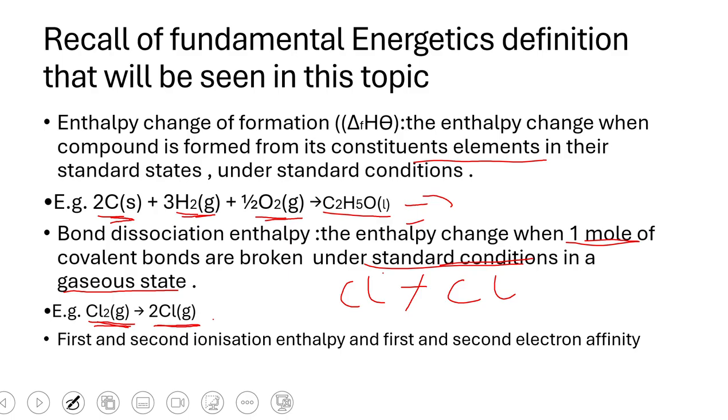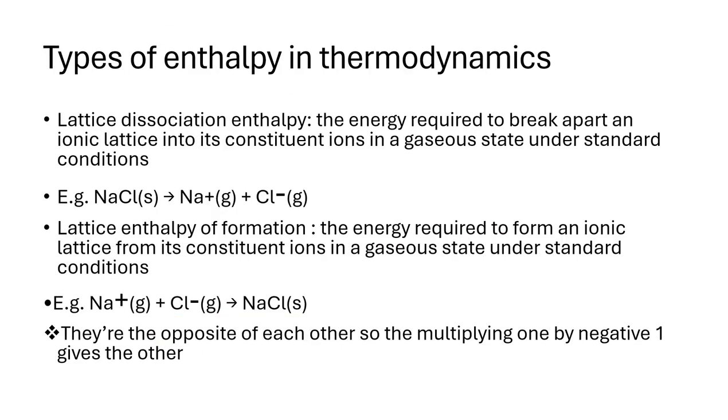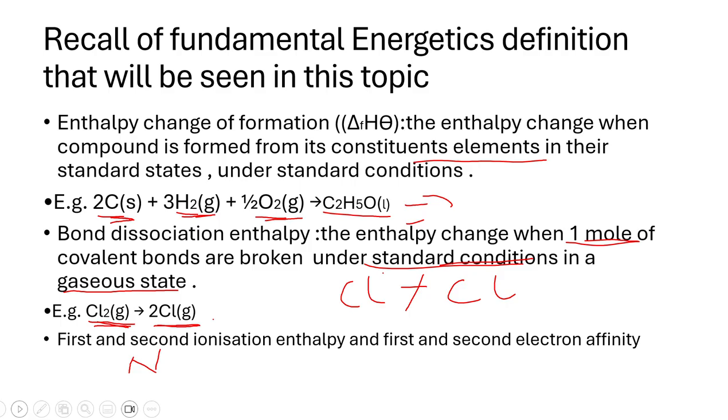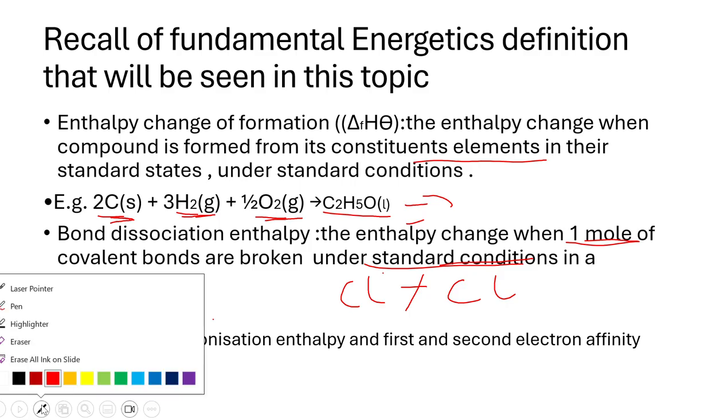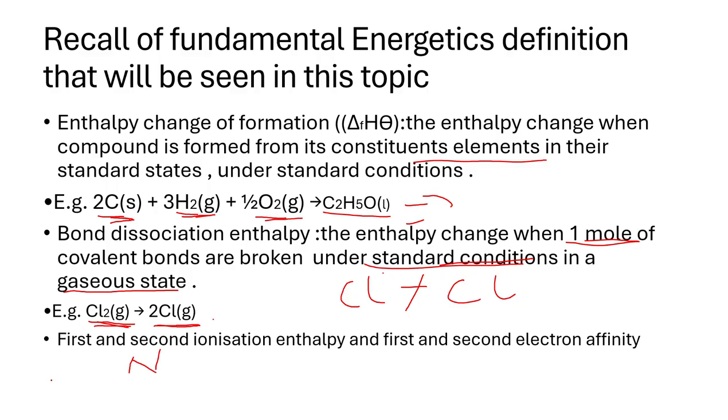So assuming we want the first ionization energy of sodium, then that's sodium. We are removing an electron, so plus e minus, and it must be in its gaseous state.